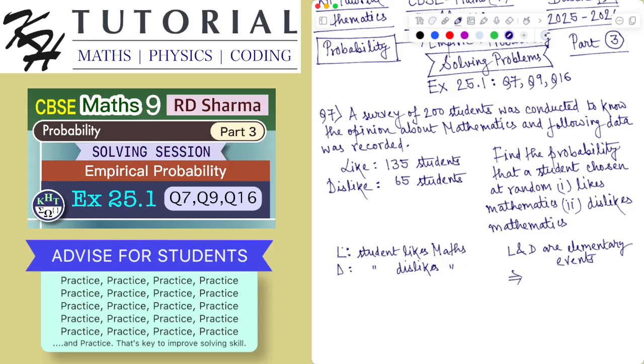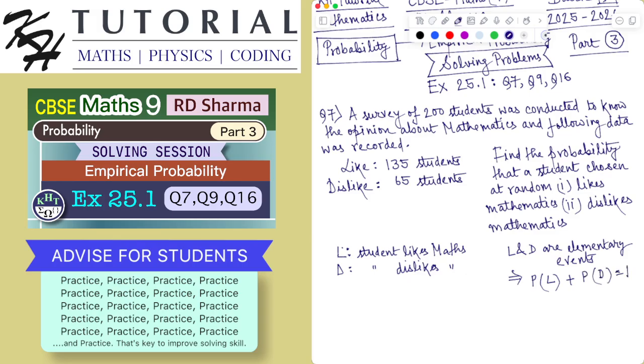So clearly we must have probability of L plus probability of D equal to 1.